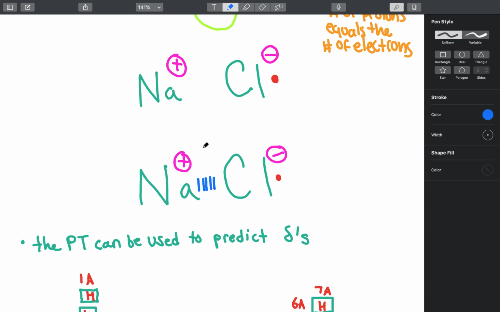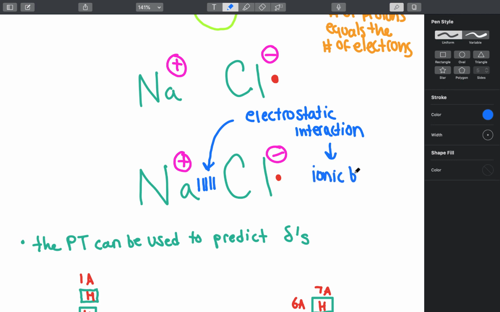So these three lines indicate an electrostatic interaction. So in other words, it is the interaction between two charged species, and this is also called an ionic bond.